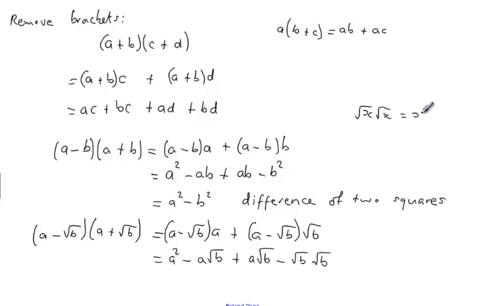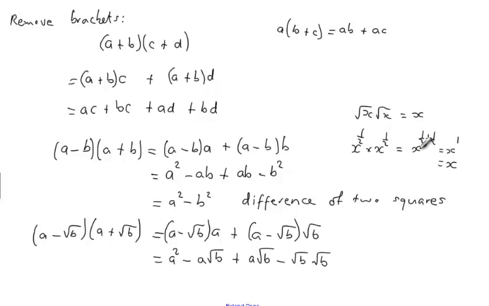This is x, isn't it? Because I'm multiplying the square root by itself. If you want to change it to index notation, you can just say x to the power half multiplied by x to the power half, which will give you x to the power half plus half, which equals x to the power 1, which we usually just write as x.